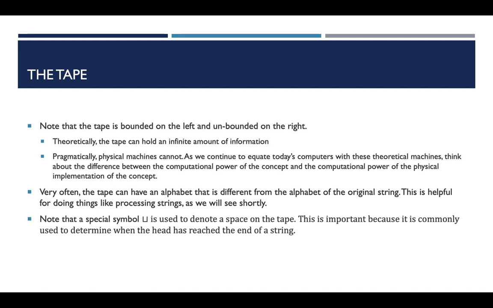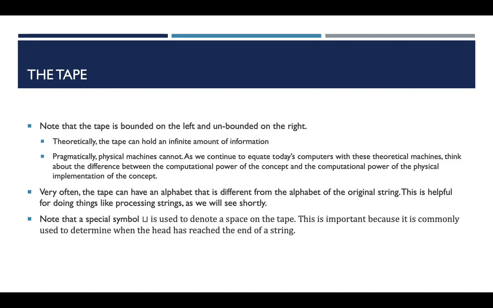Speaking of, there is a special symbol usually denoted by this kind of cup, a square U kind of thing, that denotes a space on the tape. In almost any text that you look at, or any set of assumptions about Turing machines that you might read, all of these consider this cup or the space to be a special symbol that is in the tape alphabet, but not necessarily in the input alphabet.